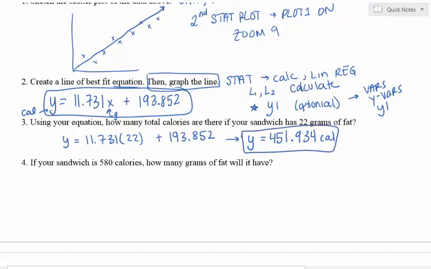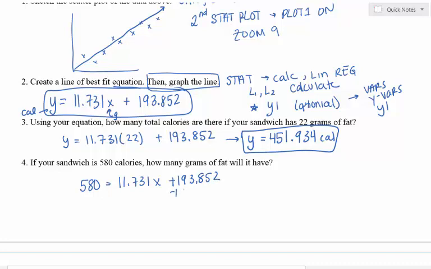And a similar problem, it says if your sandwich is 580 calories, how many grams of fat will it have? Well, in this case, Y is the calories. So 580 equals 11.731x plus 193.852. I can solve.